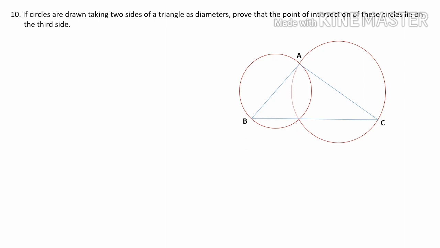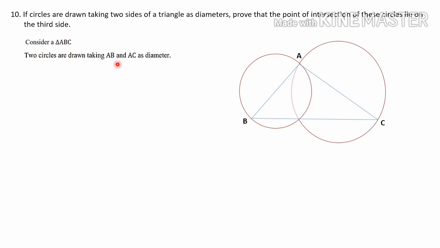If you do not understand this, please watch the video one or two times extra so that you will understand. Once again, the point of intersection of the two circles is on BC only. So we first assume that the point of intersection is not on BC, somewhere else. Let's write this. ABC is a triangle.